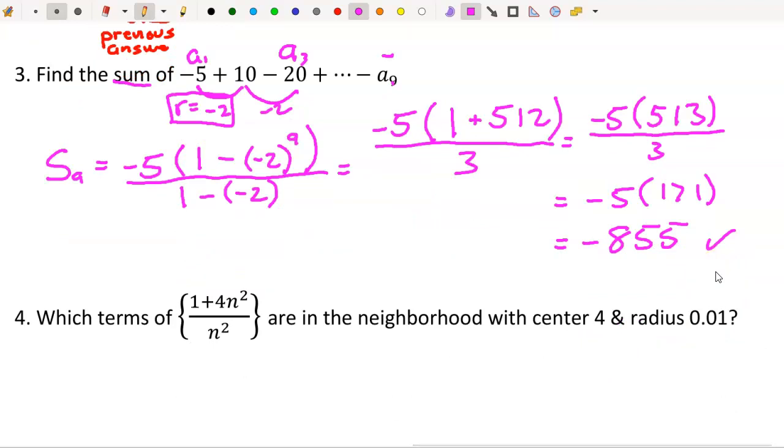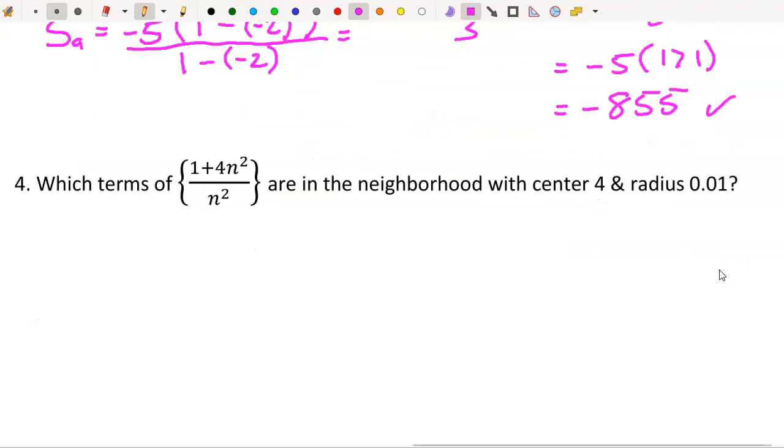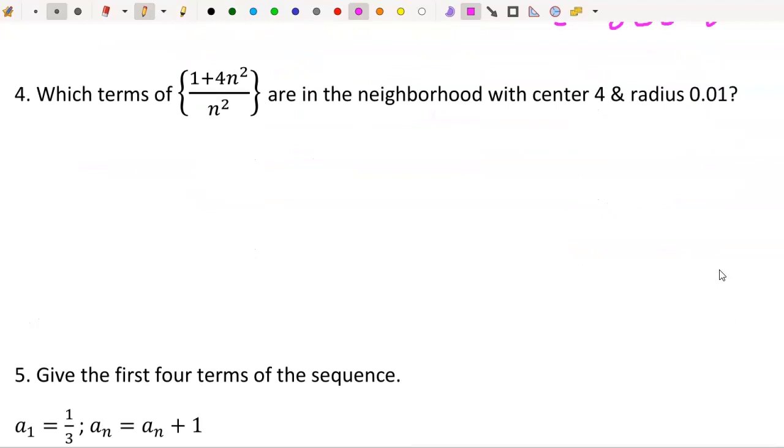All right, now let's look at doing some neighborhoods. So we have to determine what the lower and upper bounds are from this. Remember the radius is kind of like a plus or minus, where this is like the center. So we're going to go from 4, go down 0.01 and up 0.01.